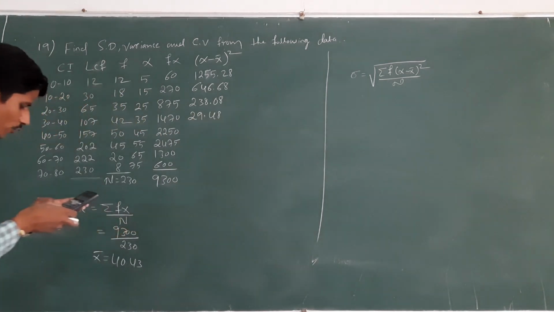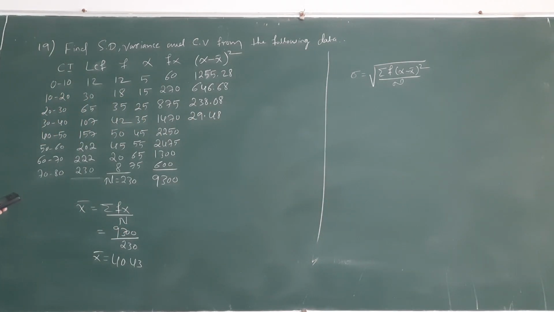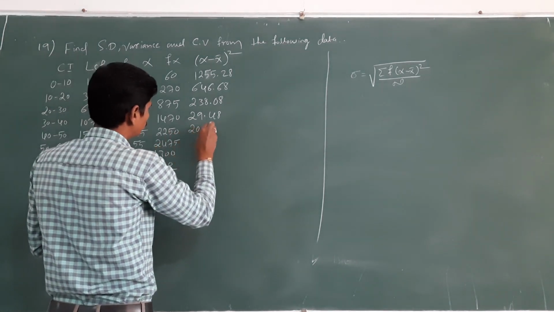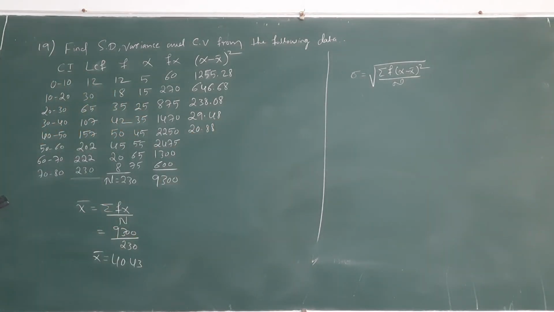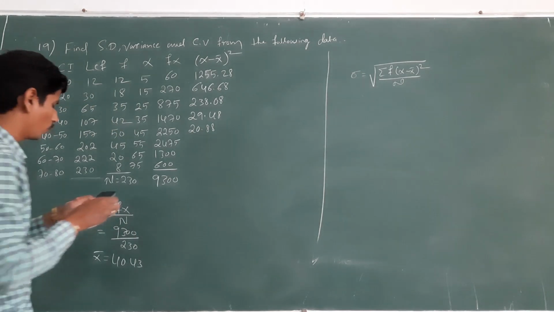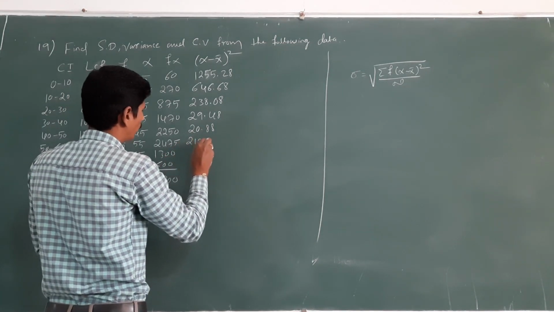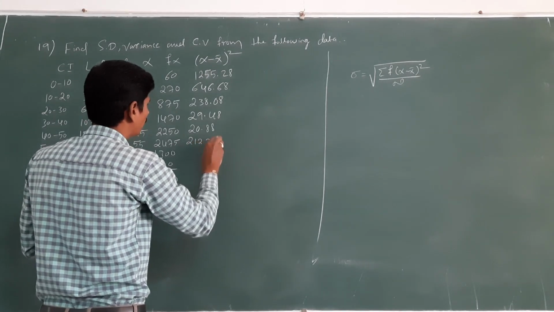The next x value is 45. 45 minus 40.43 is 4.57. Its square is 20.88. Next x value is 55 minus 40.43. Its square is 212.28.